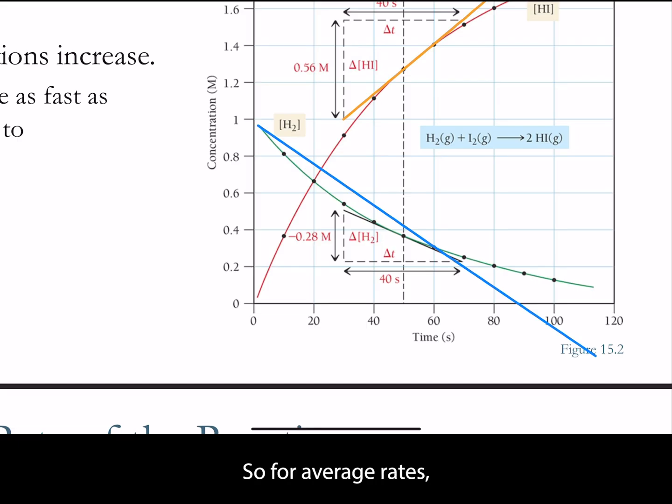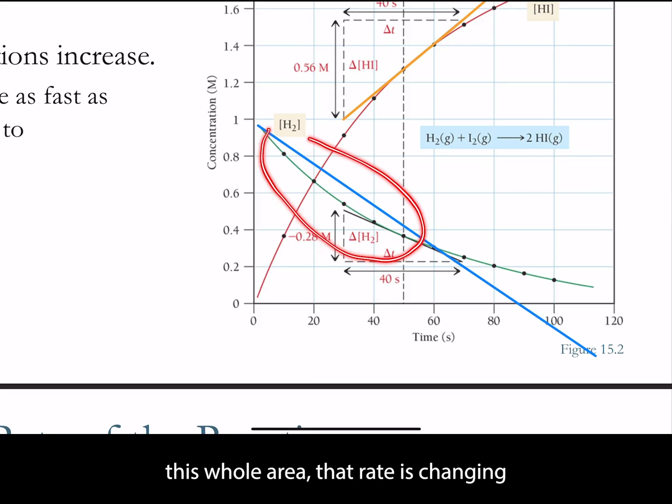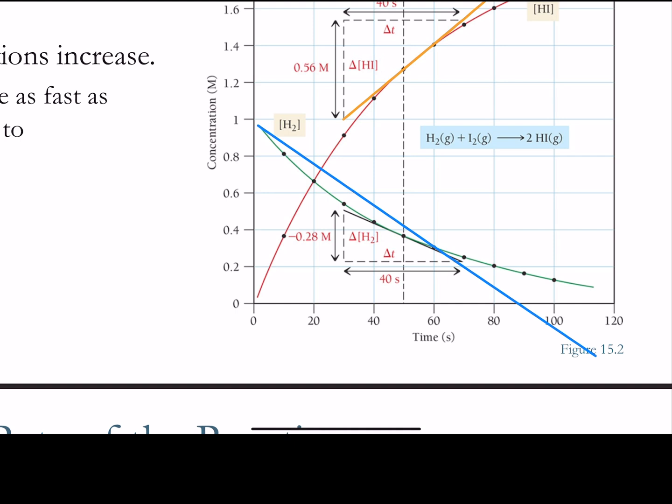So average rates tell us something about that period of time. But we can see that even over this whole area, the rate is changing as it goes from point A to point B. So they're good estimations. We can use them to learn valuable information about these reactions.